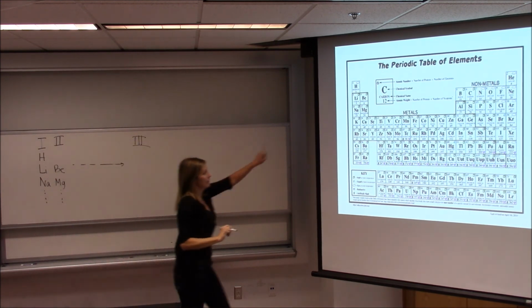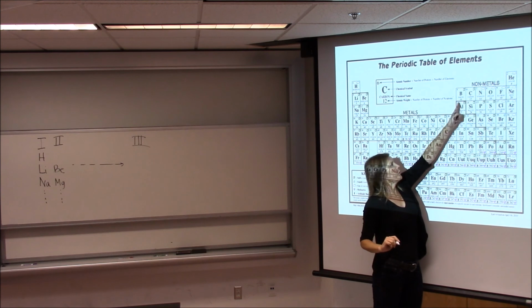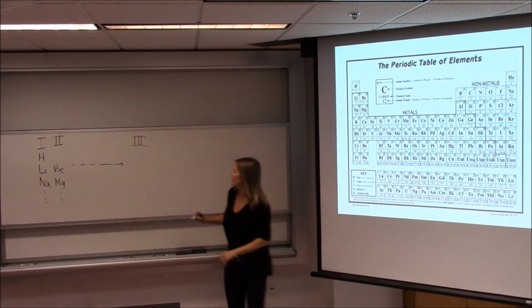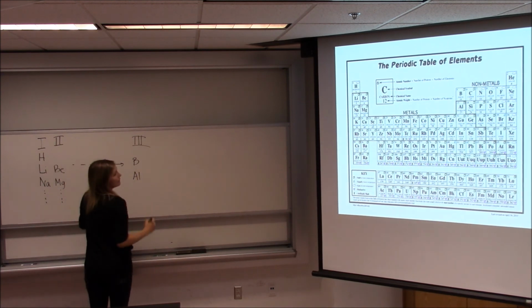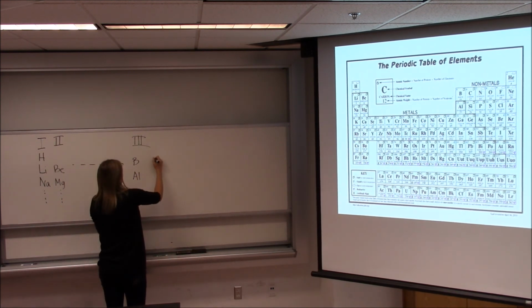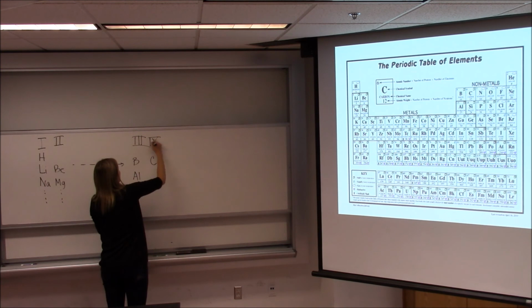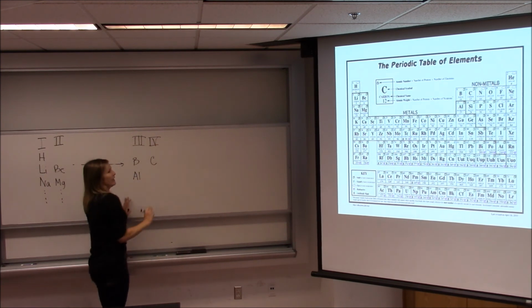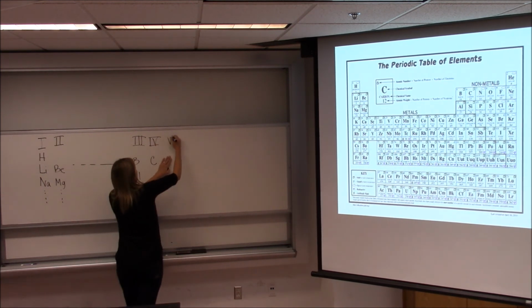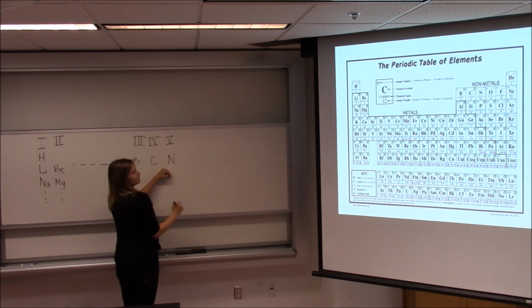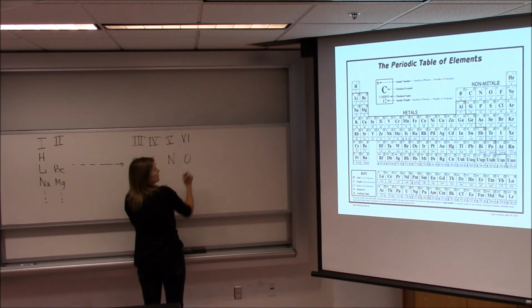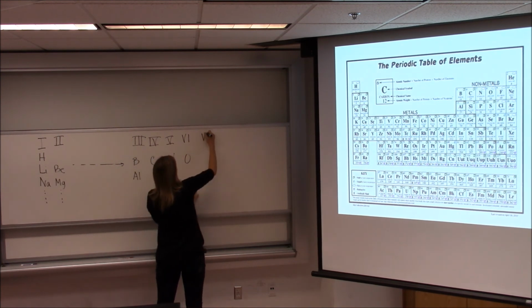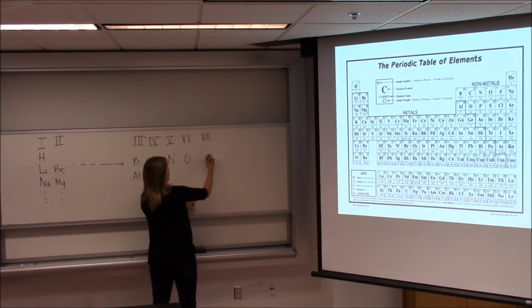Then we're going to skip all the way over. Column 3 is going to be this one with boron, aluminum. And then 4 is going to be the one with carbon. And then 5, the one with nitrogen. 6 with oxygen. 7 with fluorine.